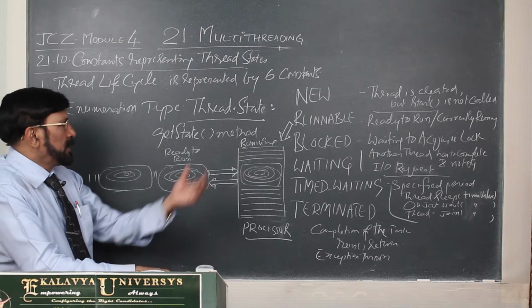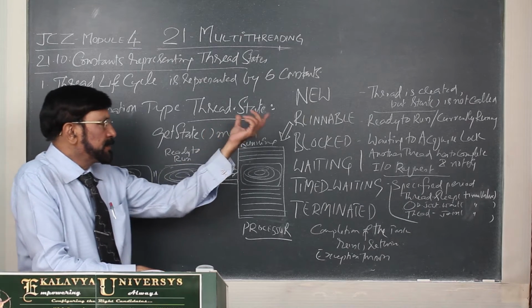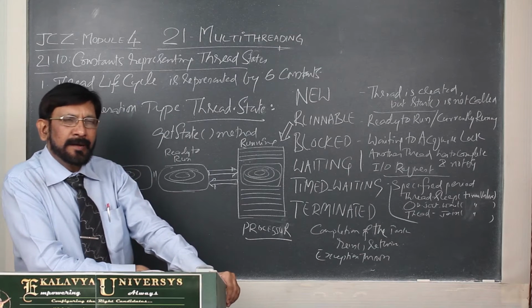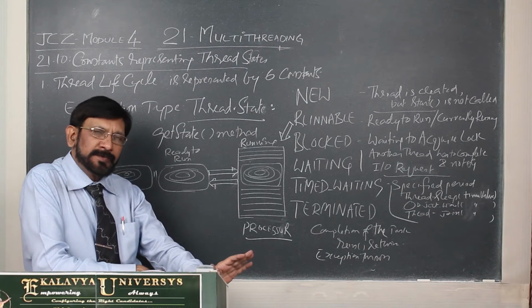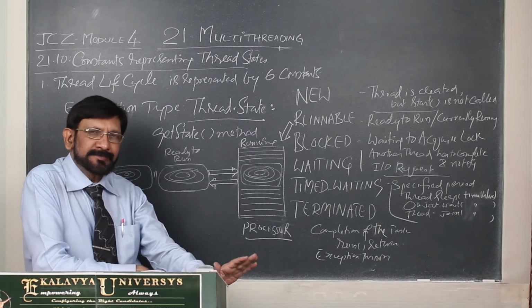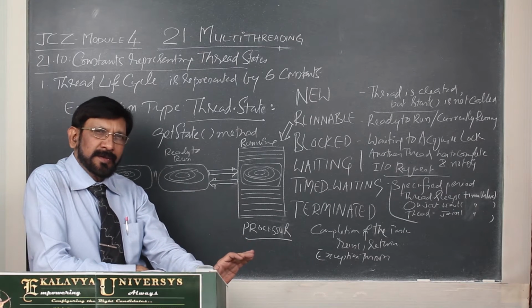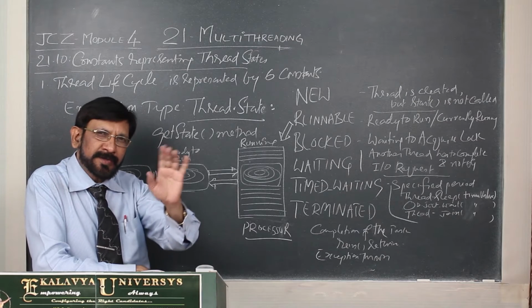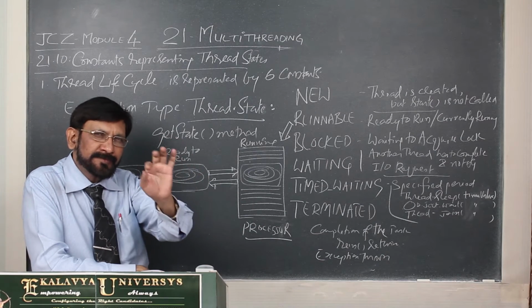That is one of the purposes of this explanation. Now you see, Thread.State, it is represented like that, and it provides 6 constants. Each constant represents one of the states in the life cycle of the thread.